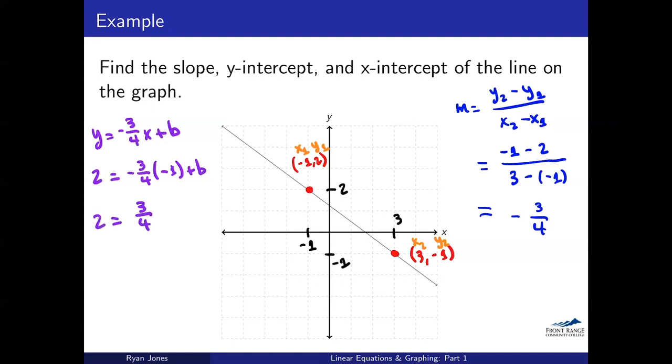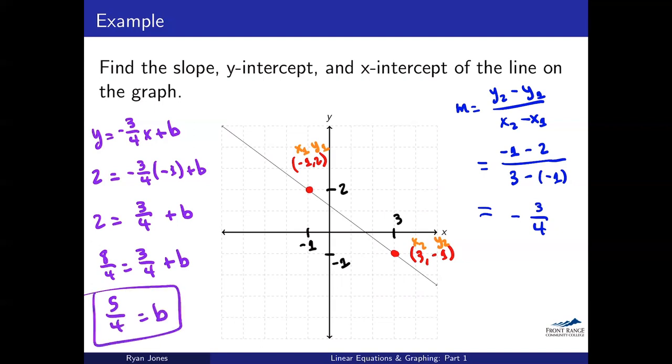So that -3/4 times -1 is just 3/4. And then when I do 2 minus 3/4, I'm going to have 8/4 equals 3/4 plus b. So then 5/4 equals b. And that's wonderful right there.